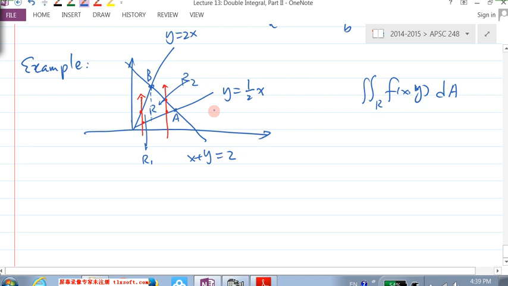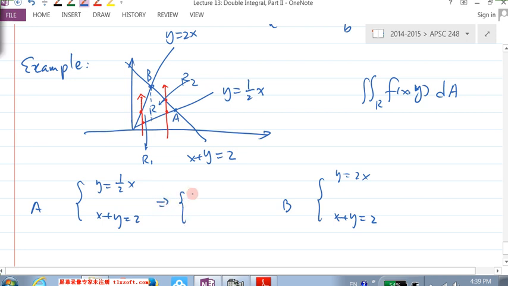That's pretty easy. The intersection point for A is between this and this, and for B between this and this one. You solve the 2 equations to find the coordinates x and y.